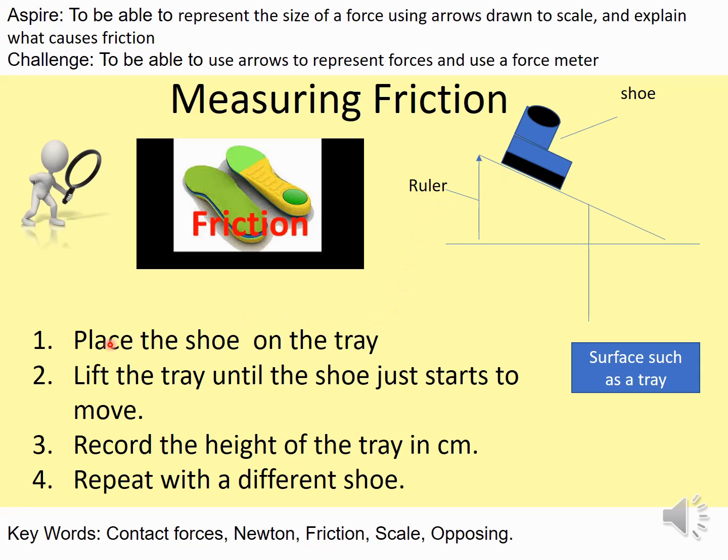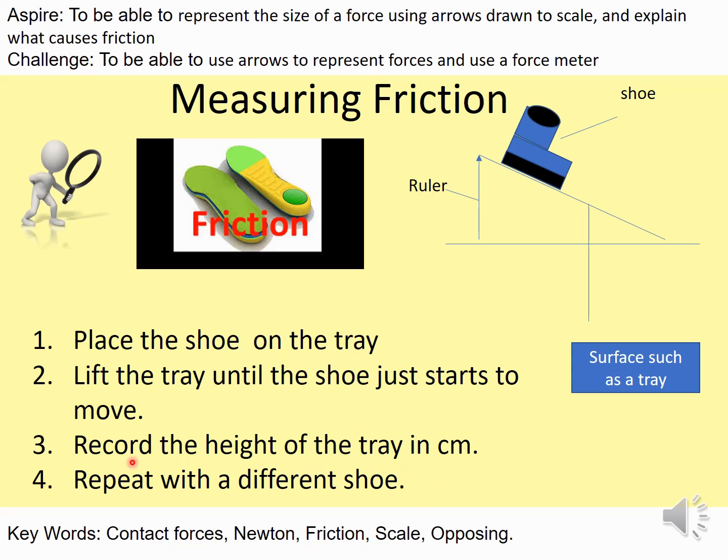So here's some instructions. Place the shoe on the tray, lift the tray until the shoe just starts to move. Record the height of the tray in centimeters using your ruler, and then repeat with a different shoe. So I'd like you to find, I hope, maybe 3 different types of shoes that are the same type.